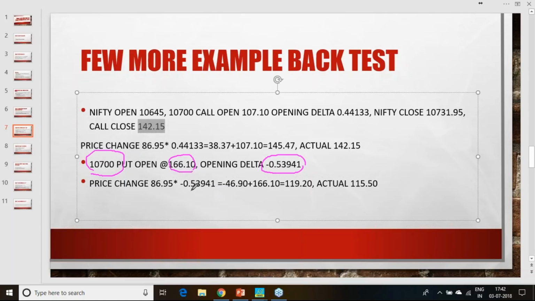So here 46.90 subtracted from 166 gives you 119 rupees 20 paisa. Actual closing was 115 rupees 50 paisa. So there is also a 3 to 4 rupees difference, 3 rupees 80 paisa. However, this calculation was very close to your delta.